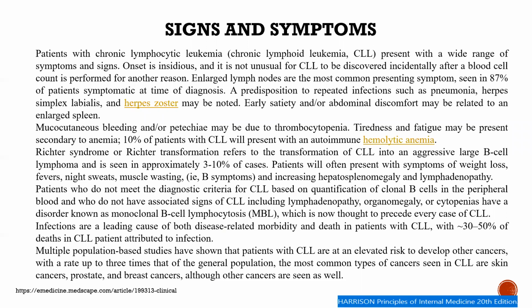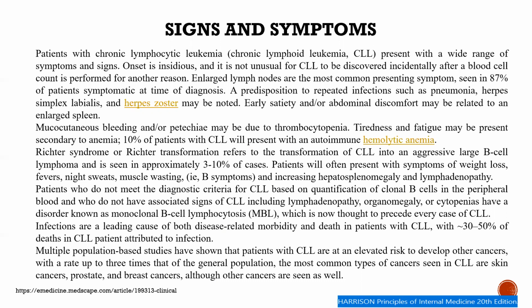Predisposition to repeated infections may be noted. Early satiety or abdominal discomfort may be related to an enlarged spleen. Mucocutaneous bleeding or petechiae may be due to thrombocytopenia. Tiredness and fatigue may be present secondary to anemia. 10% of patients will present with autoimmune hemolytic anemia.